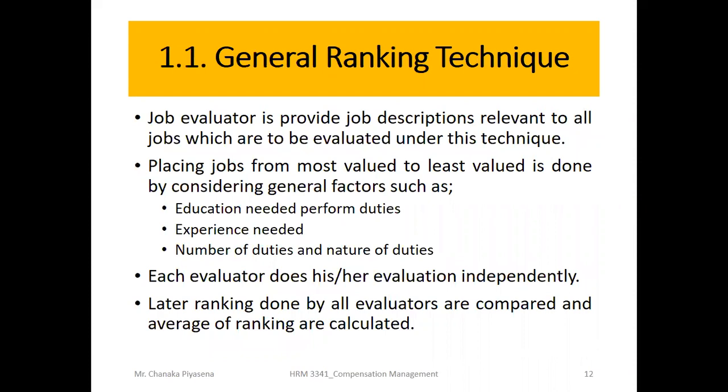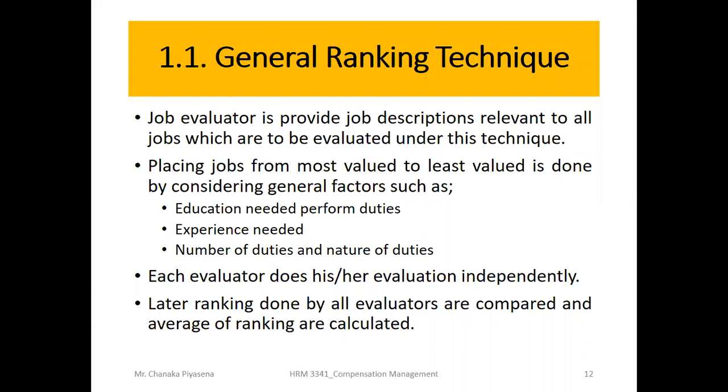Under the general ranking method, the job evaluator is provided job descriptions and job specifications relevant to all jobs which are to be evaluated under this technique. It means we have already appointed several experts, a panel of experts, which is called the job evaluation committee.